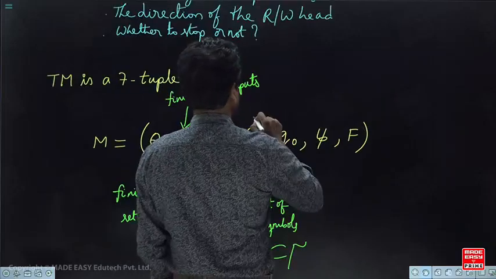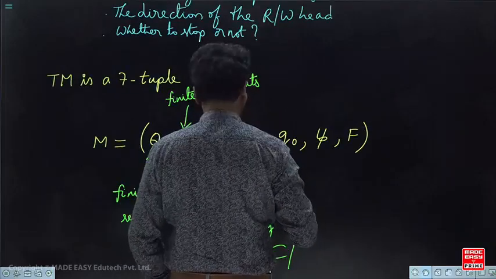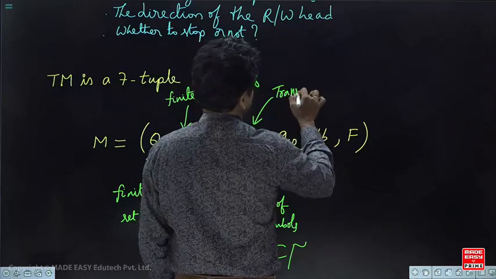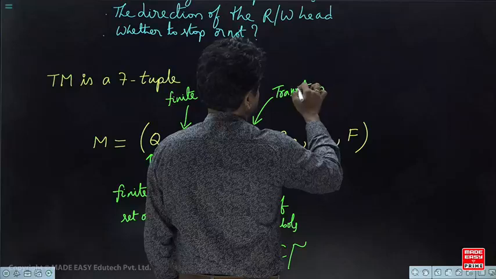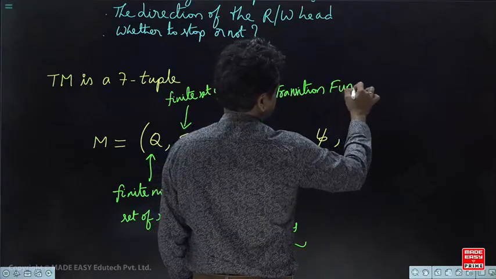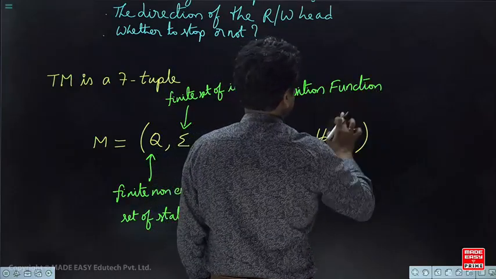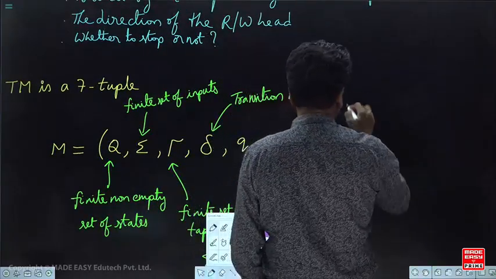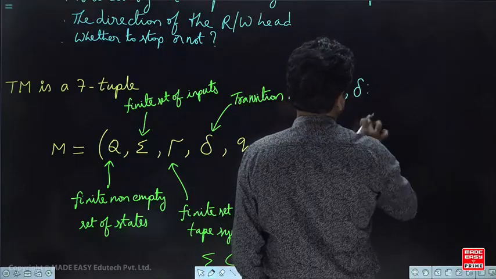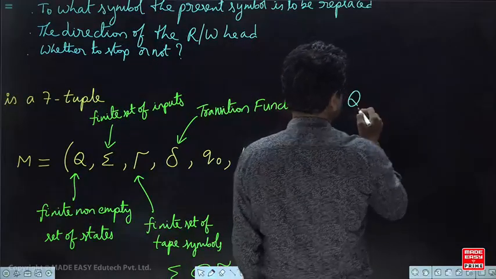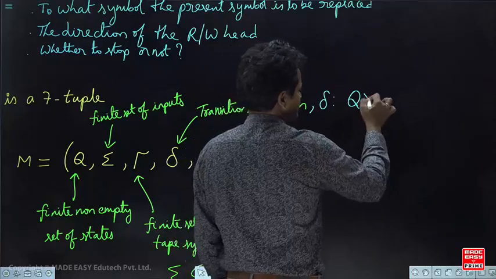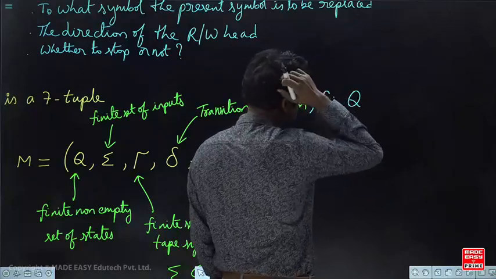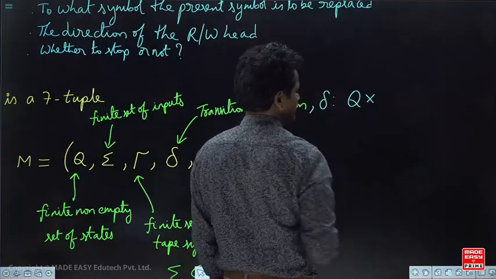Now this is the transition function, which we have seen already. It takes the state from Q and a symbol from the tape.